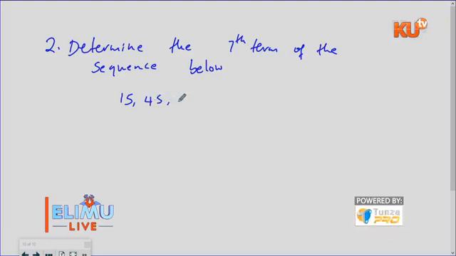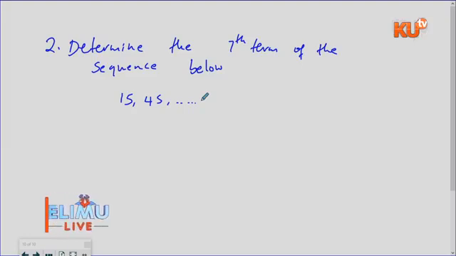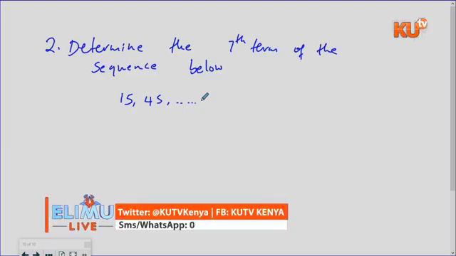Unfortunately, we are only given 2 values, so we have to use this as our sequence. Had we been given 3, we would still follow the same principle, but we have 15 and 45.